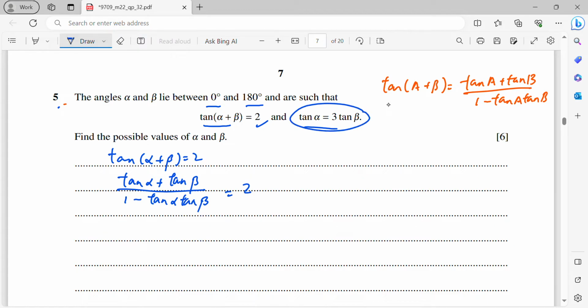And now it's mentioned that tangent alpha is 3 tangent beta. So I'm going to replace this. So it becomes 3 tangent beta plus tangent beta over 1 minus, for tangent alpha I replace with 3 tangent beta, so 3 tangent beta times tangent beta.